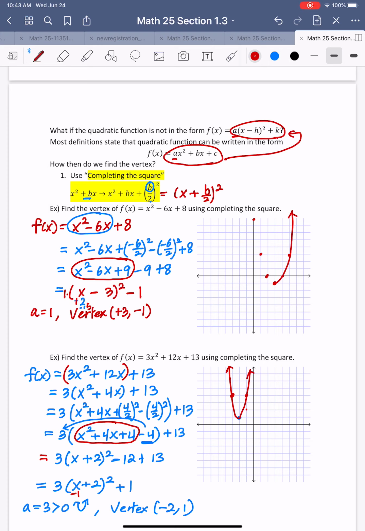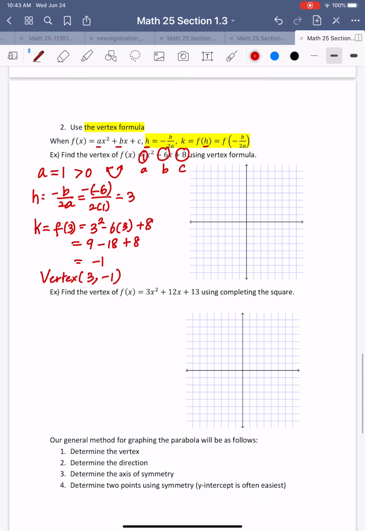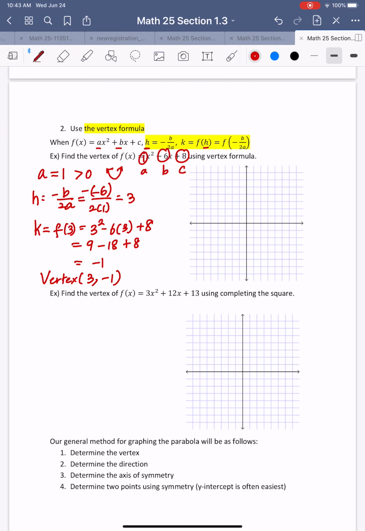Sorry about that, your graph is in a different quadrant this time. Okay, so this is the right one: 1, 2, 3, and negative 1.